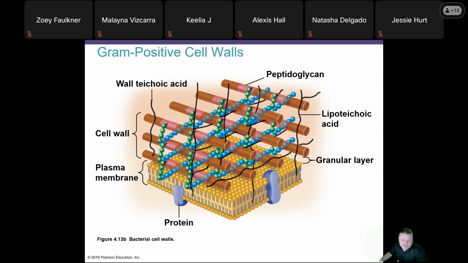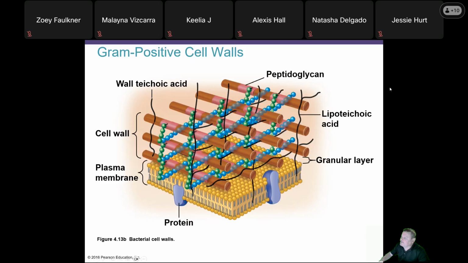And the immune cells are going to react to it, right? But notice how thick this layer is. There's no outer layer. So gram-positive, this peptidoglycan is just laying bare out there. So penicillin, for instance, can come in easily and break these bonds in the peptidoglycan and break down that cell wall. And again, that's what leads to the bacteria's death.